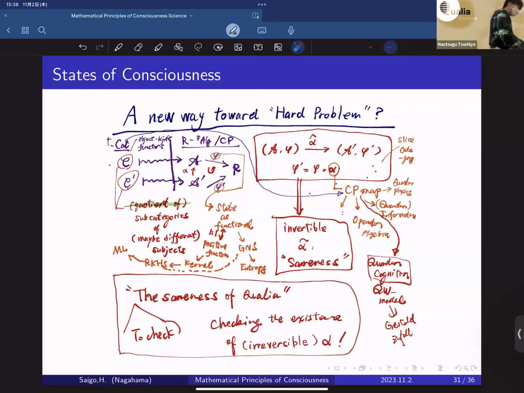For example, there are many interesting categories like the so-called cobordism. This is, for example, a one-dimensional manifold connecting two-dimensional manifolds. This is an arrow, and this is an object. Then you have the category which is related to so-called topological quantum field theory. Your construction is not general enough, but now I thought it's too general.